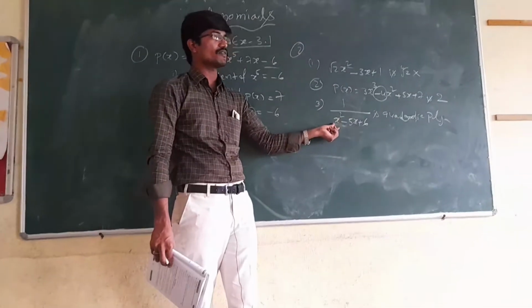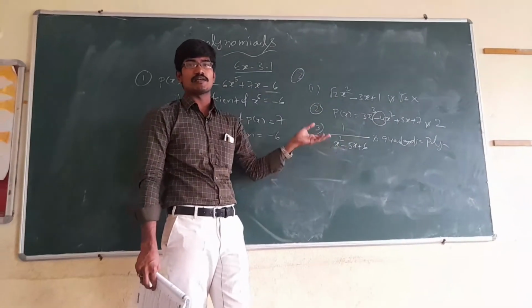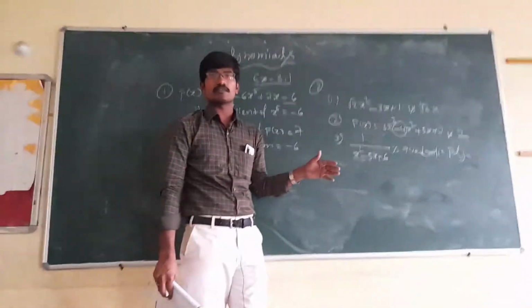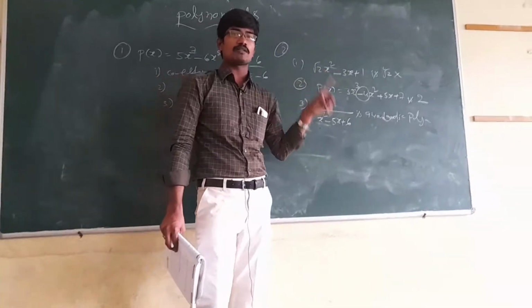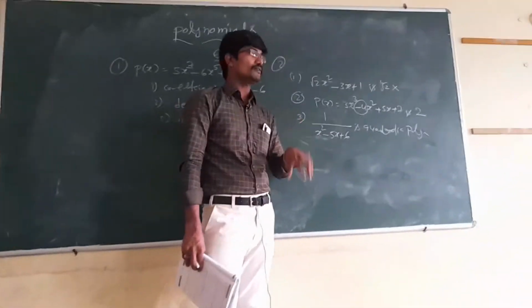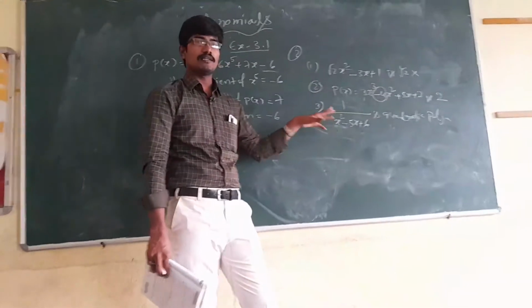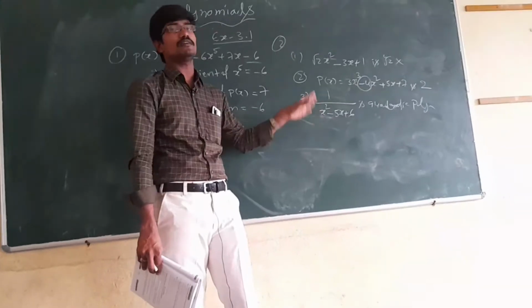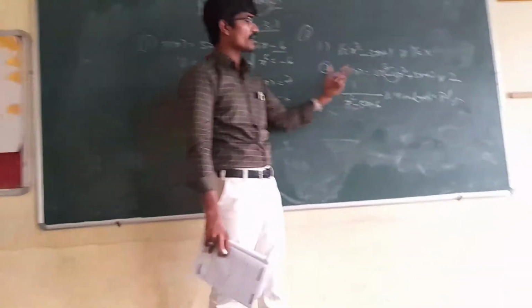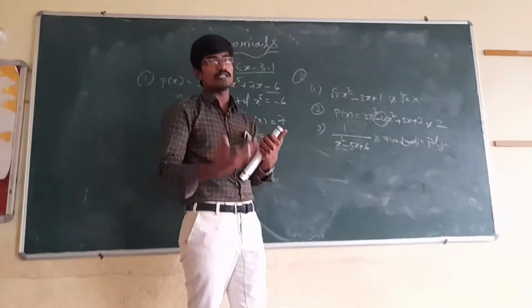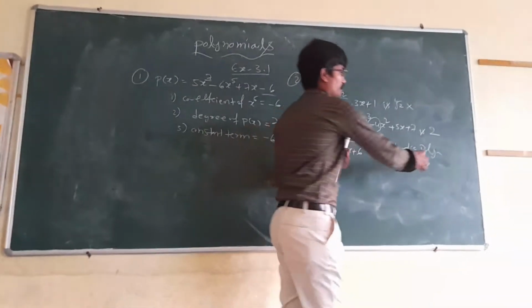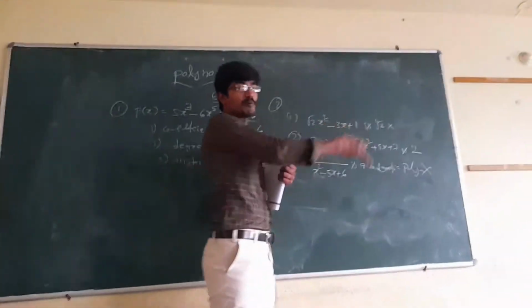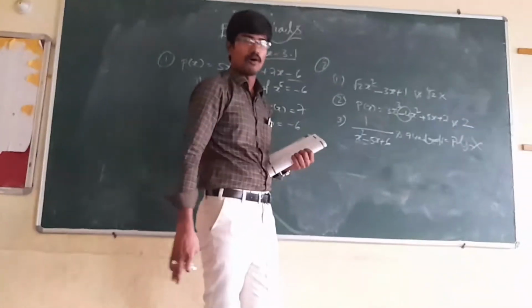So the first term is not satisfying our conditions. What are our conditions? For a polynomial, the variable powers must be non-negative and integral. But here x power minus 2 is coming. Minus 2 is an integer, but it is a negative integer. So it is not a polynomial. But they have given it is a quadratic polynomial, so it is also false.